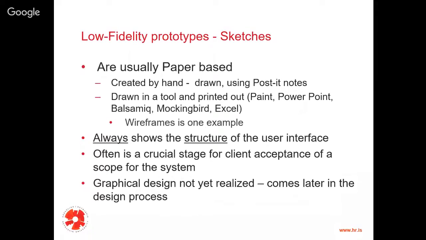Low fidelity prototypes are usually paper-based. We could also do it in a sketching tool, like Balsamiq, which is very popular. It really looks like you're drawing on paper, imitating how you would have this on paper. So it is quite rough.